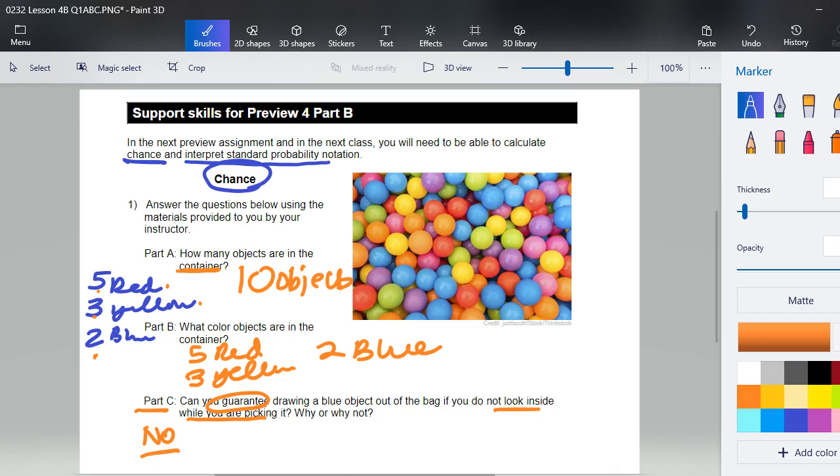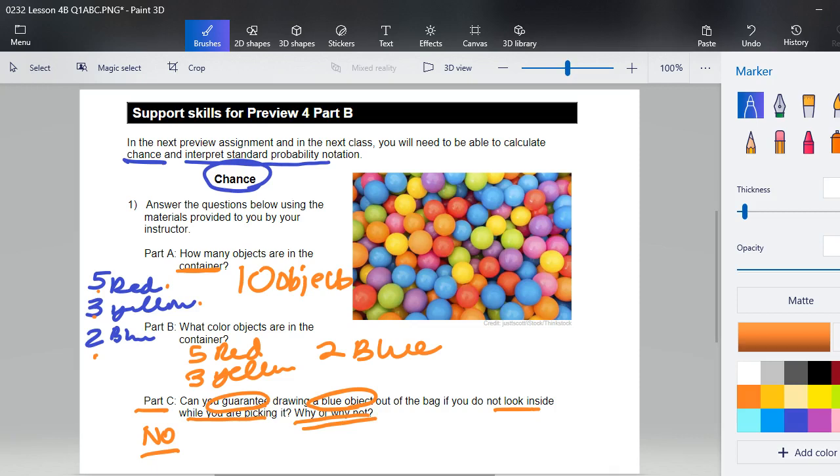If they're all pieces of paper, all the same size, you cannot guarantee that when you reach your hand in the bag you will always pull out a blue object. It's not likely. The chance is you won't do it. The odds are you won't do it. If you have no way to distinguish the colors, you cannot guarantee that you will draw blue every time.